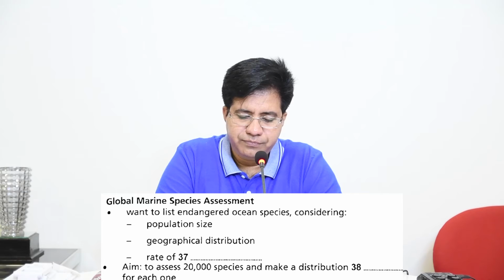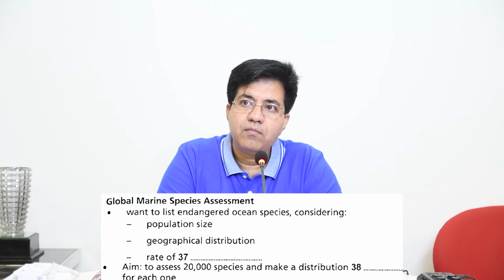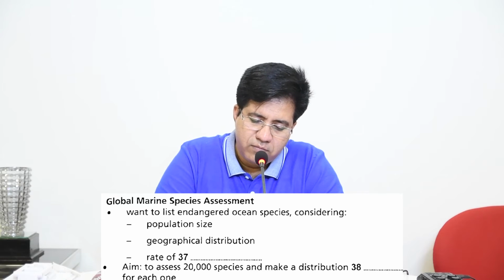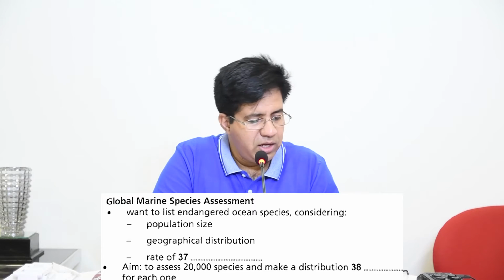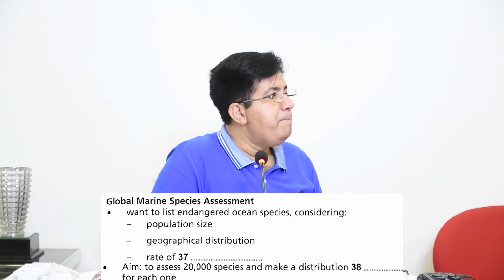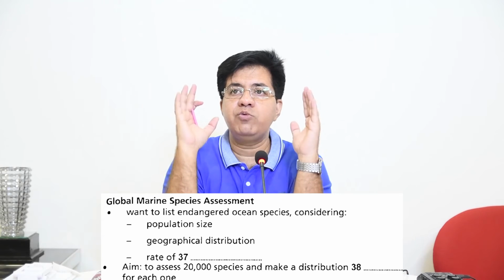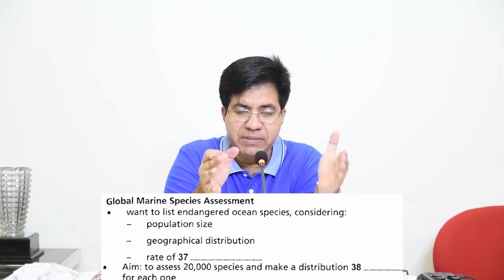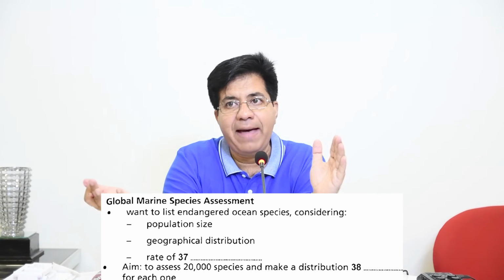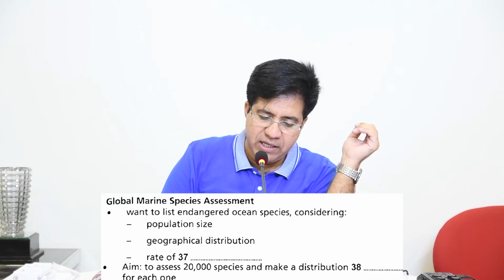For each one they assess, they use the data they collect on that species to produce a map showing its distribution. So to produce a map showing its distribution means a distribution map. Okay, map will be the right answer.